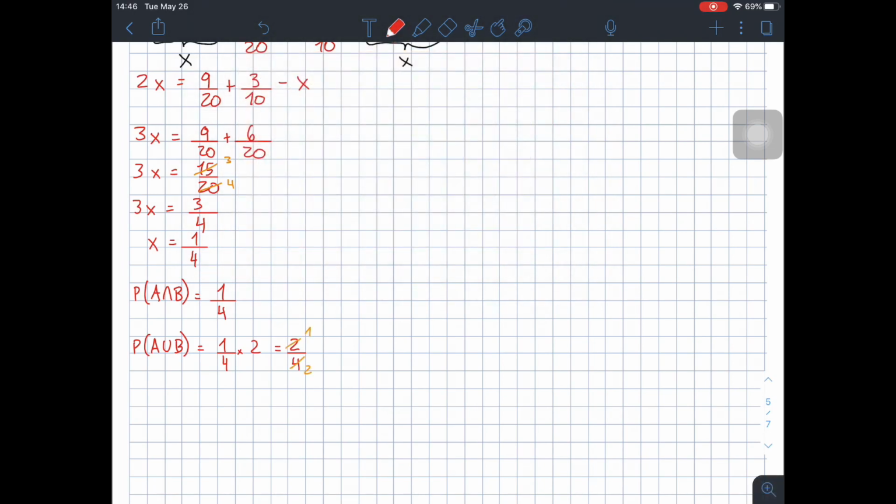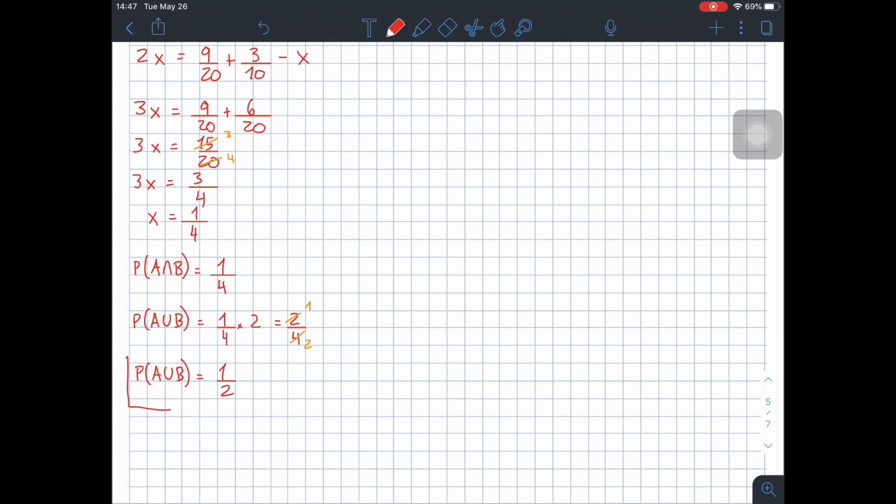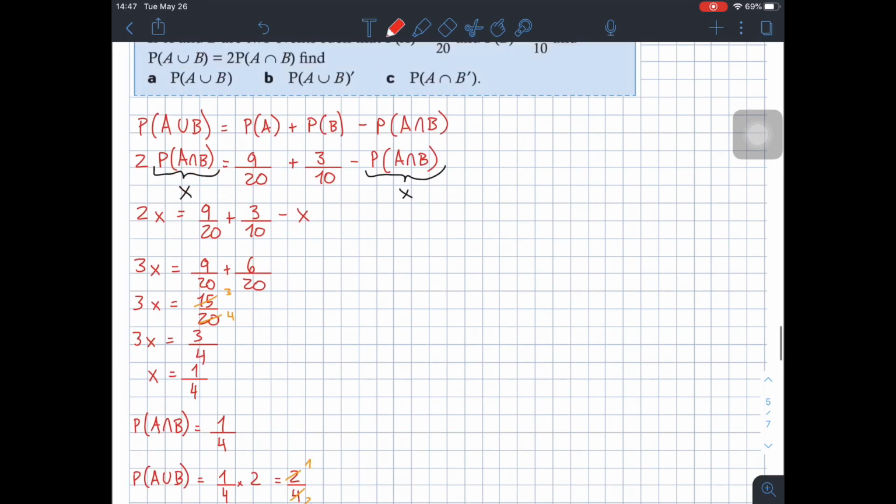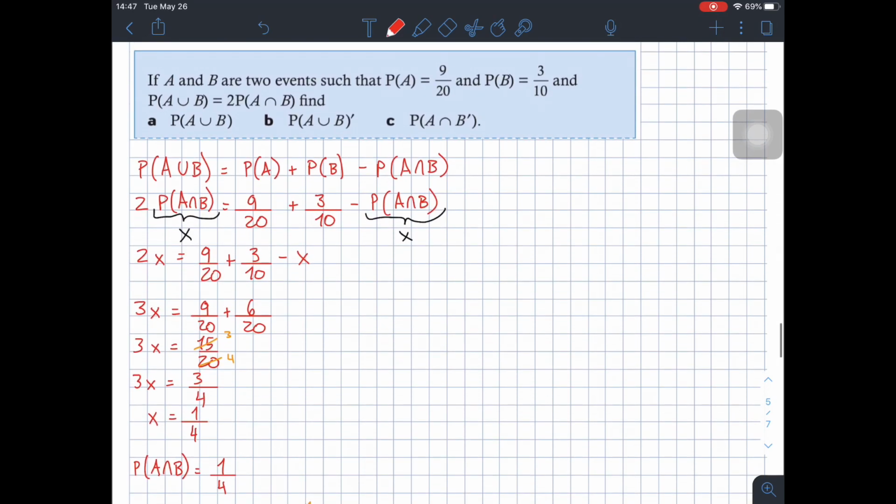So the probability of A union B is equal to 1/2. Okay, so that's the probability of the union in this case. And that would be it for part A.